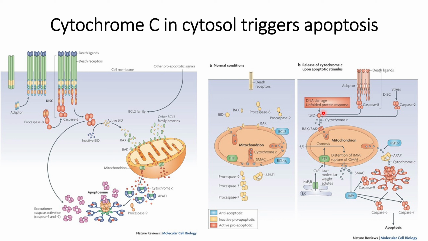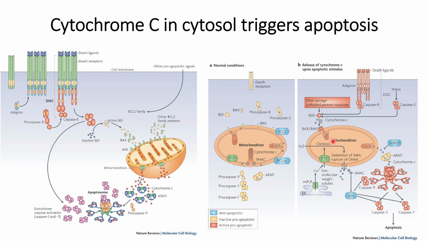It will lead to the cleavage of this BID, that will lead to the formation of truncated BID, and it will lead to the oligomerization of these BAX proteins that in the normal case remain separated apart, and this oligomerization of the BAX will lead to pore formation, and that will cause cytochrome C release into the cytosol, and then it will act the way that has been shown here in the figure on the left hand side.